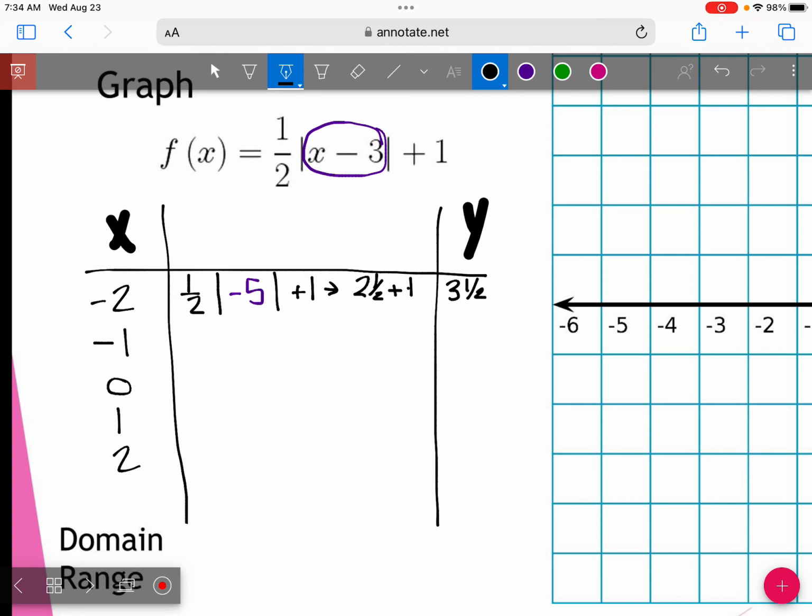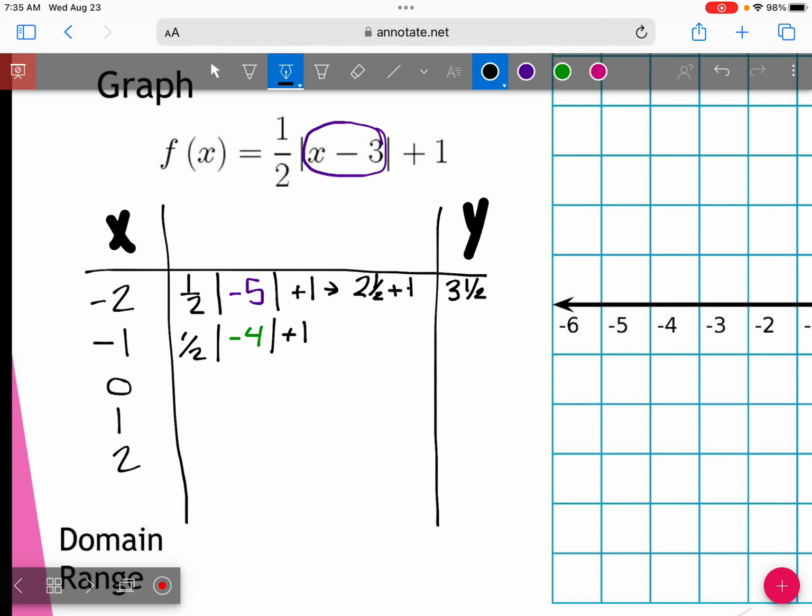So now we're going to do -1. In the same spot, inside my absolute value. So we do the inside first, and we have our 1/2 times the absolute value, -1 minus 3. -4. Plus 1.